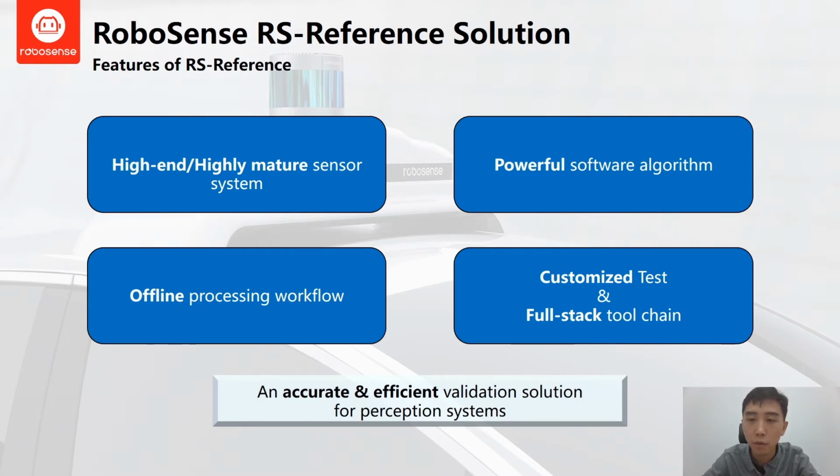From the software part, we use some very powerful software algorithms, and we also design this offline processing workflow. This is the most important part. And finally, for the test, we design customized tests for different sensors. We have also built a full stack toolchain to make it very easy to use this system.